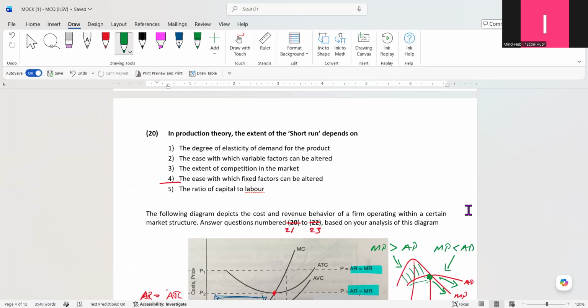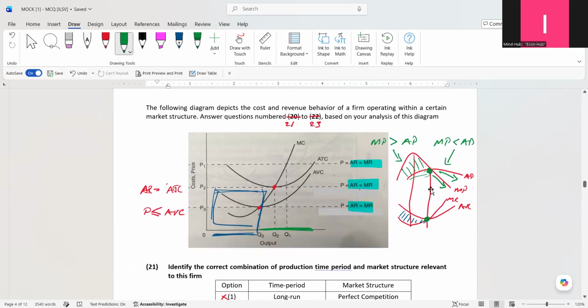It's about whether at least one of our factors remains fixed; then we are still in the short run. So how quickly you can go from the short run to the long run depends on how easily you can change the fixed factors. Correct answer number 4.